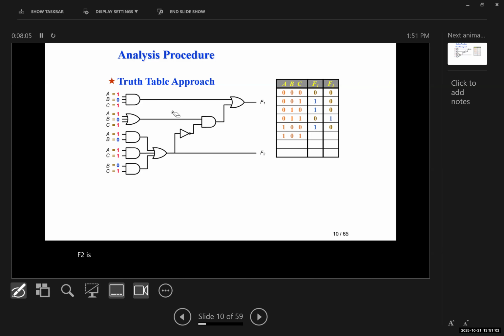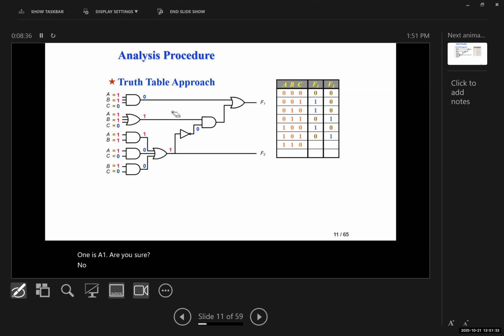F1 is 0. Yes. Okay. So F1 is 1, F2 is 1, and F1 is 0. Next one, 1, 1, 0. F2 is a 1. Perfect. F1 is a 0.